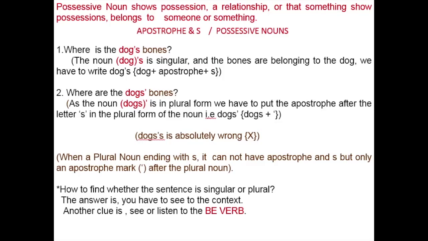Now one question may arise in your mind: how to find whether the sentence is in singular or in plural form? Yes, of course, definitely that will arise in your mind. The answer is you have to look at the context. Another clue is to see or listen to the be verb used in the sentence or in the question.